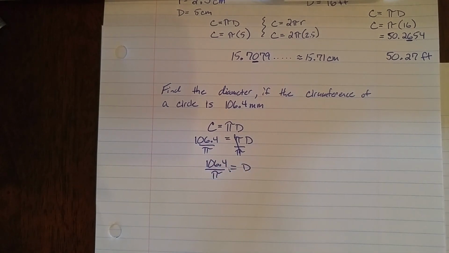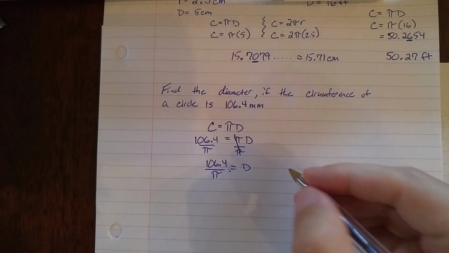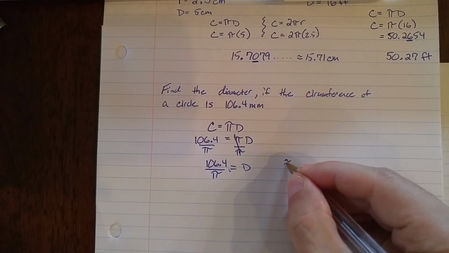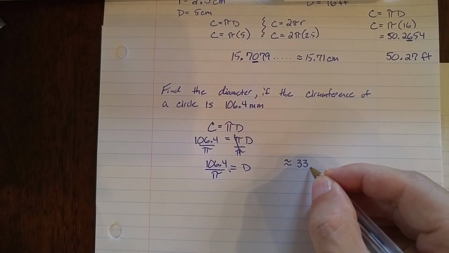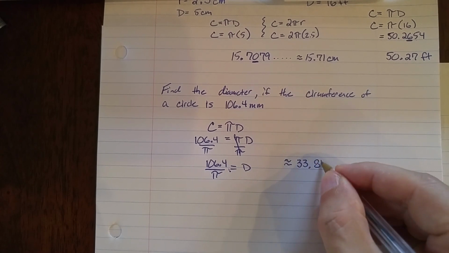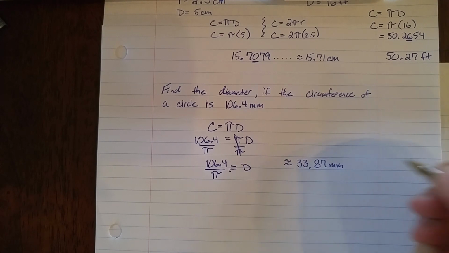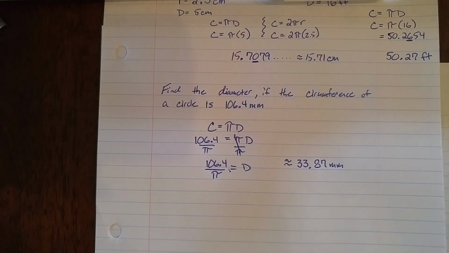You're going to plug this into your calculator. Let's round this to the nearest hundredth. And when I do that, I end up getting about 33.87 millimeters. Now, if the question said, instead of finding diameter, find the radius, or maybe you were asked to find both, all you would do is say, hey, if this is diameter, how do I get radius?